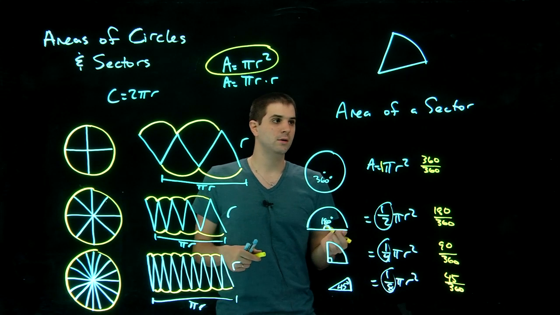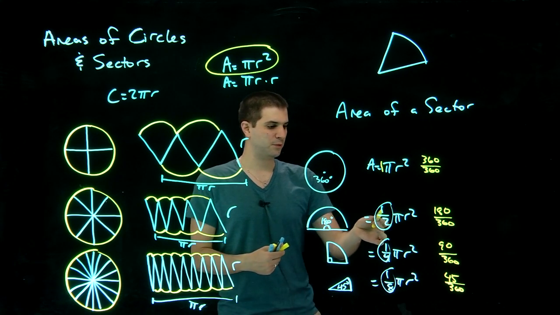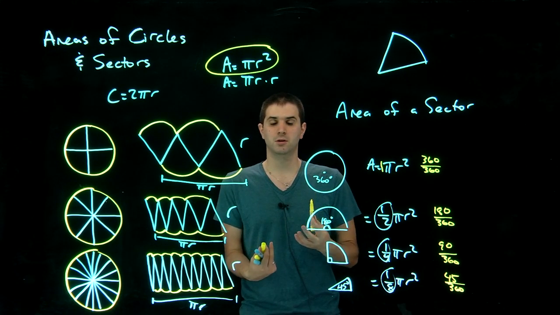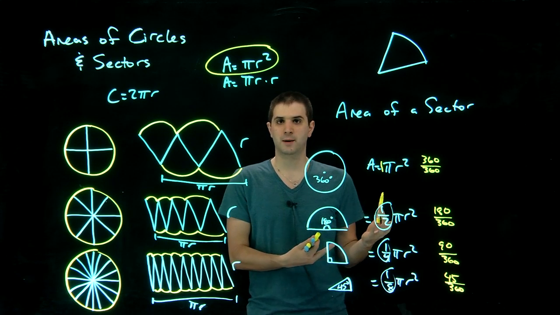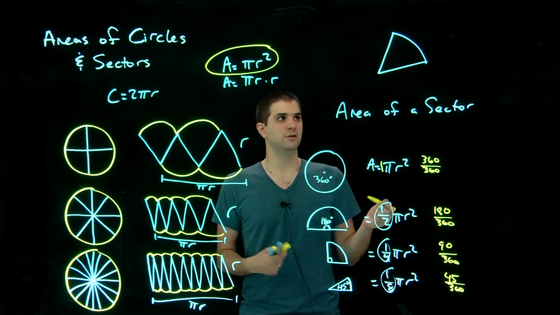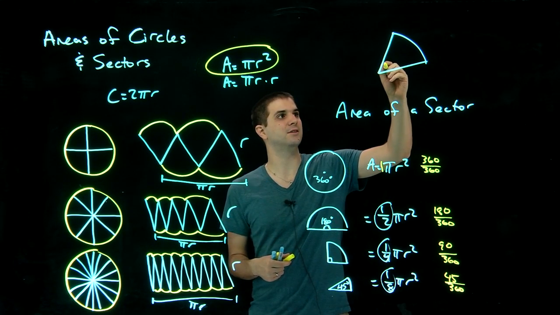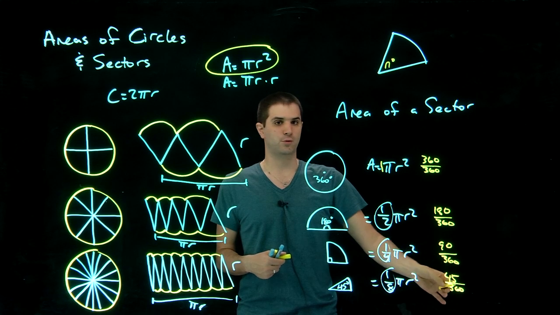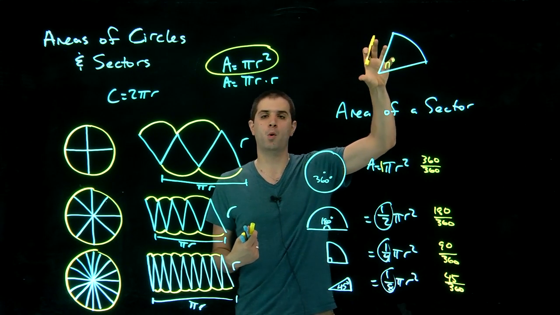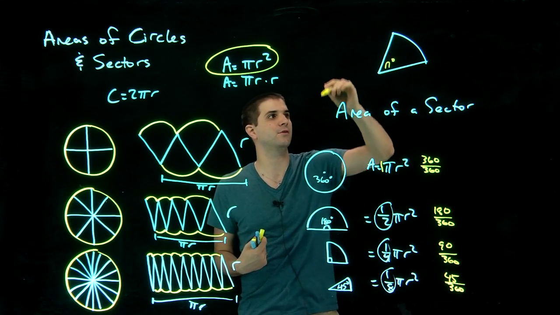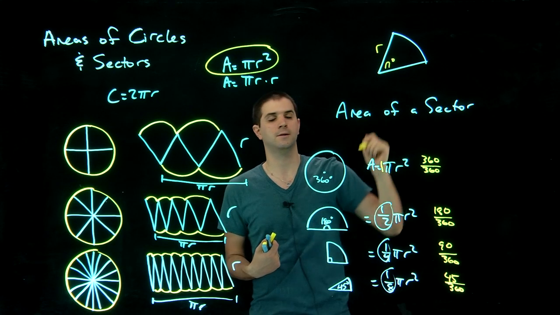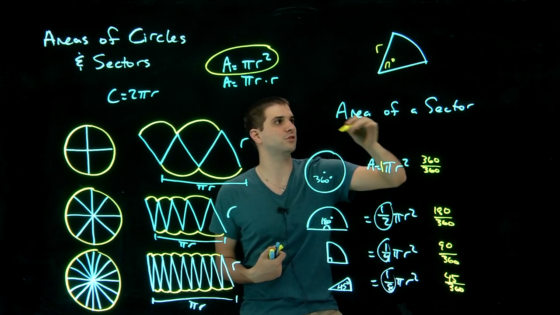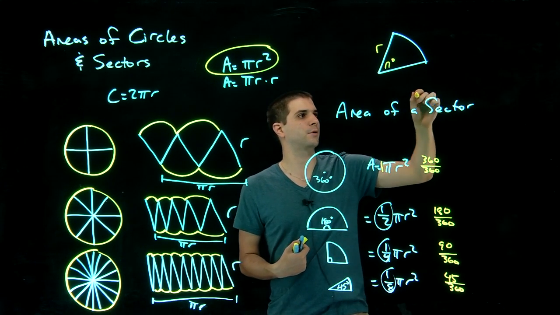Whatever the percentage of the circle that you're looking at, you just multiply that percentage by the area of the whole circle. So if this is n degrees, instead of doing 360, 180, 90, or 45, you just do whatever portion of the circle that is. So find the area of the whole circle. So the area of a sector, I'm going to write right here.